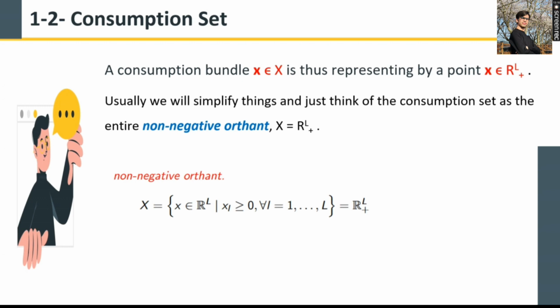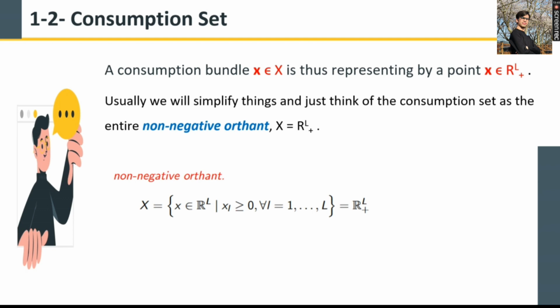X is a subset of RL, so it means X is in RL. When a small x, a consumption bundle, is in X and capital X is a subset of RL, then this consumption bundle is also a member of RL.